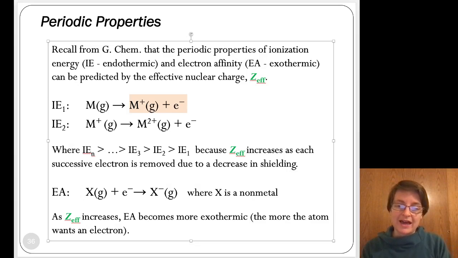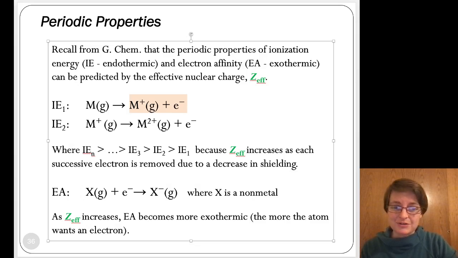We know that as we go left to right on the periodic table, Z-effective is increasing. And that means that the outermost electrons are seeing more and more of this effective nuclear charge. So the ionization energy is getting larger and larger as we go left to right on our periodic table, because the effective nuclear charge is increasing. And via Coulomb's law, that means it's harder and harder to remove that electron.